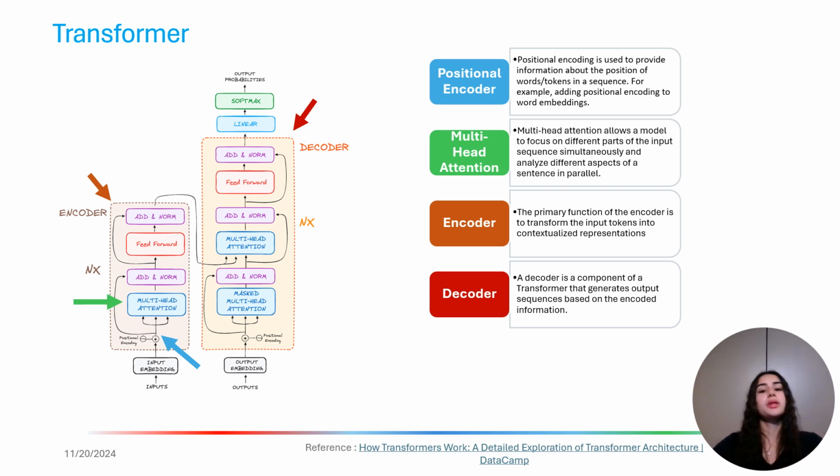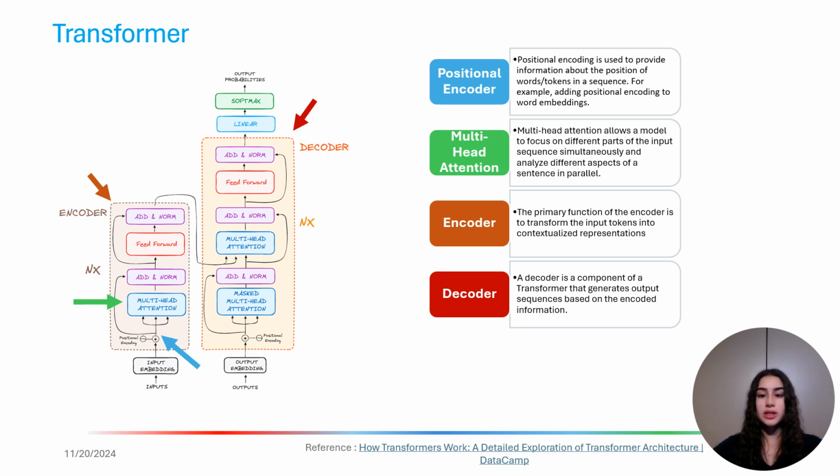That's what we know. Moving forward, there's also multi-head attention, and that can be seen here through the green arrow. It allows a model to focus on different parts of the input sequence simultaneously and analyze different aspects of a sentence in parallel.